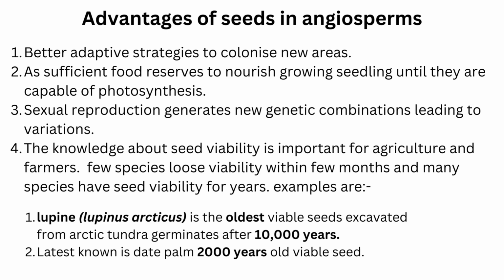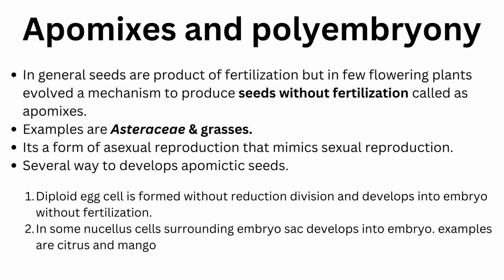Now coming to the next, we have apomixis and polyembryony. What is apomixis? In general, seeds are produced after fertilization, but a few flowering plants evolved a mechanism to produce seeds without fertilization called apomixis. Examples are Asteraceae and grasses. It is a form of asexual reproduction that mimics sexual reproduction.